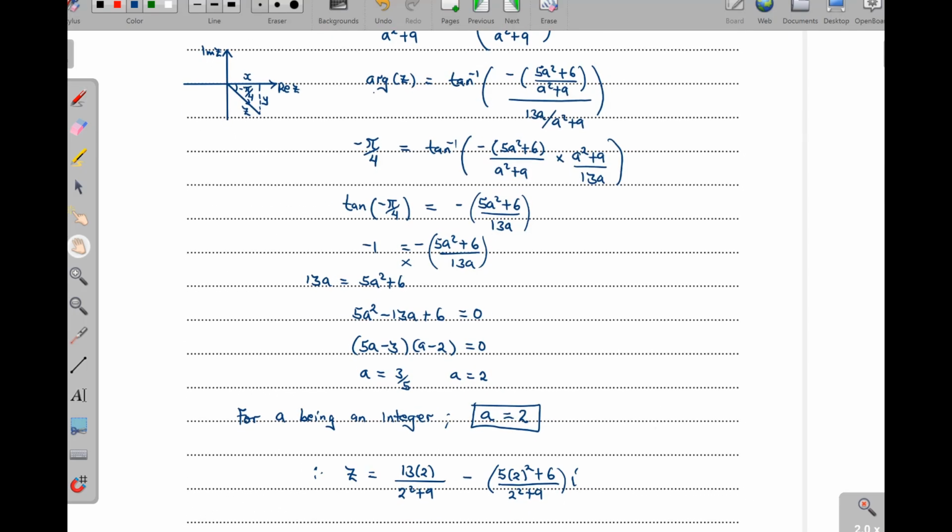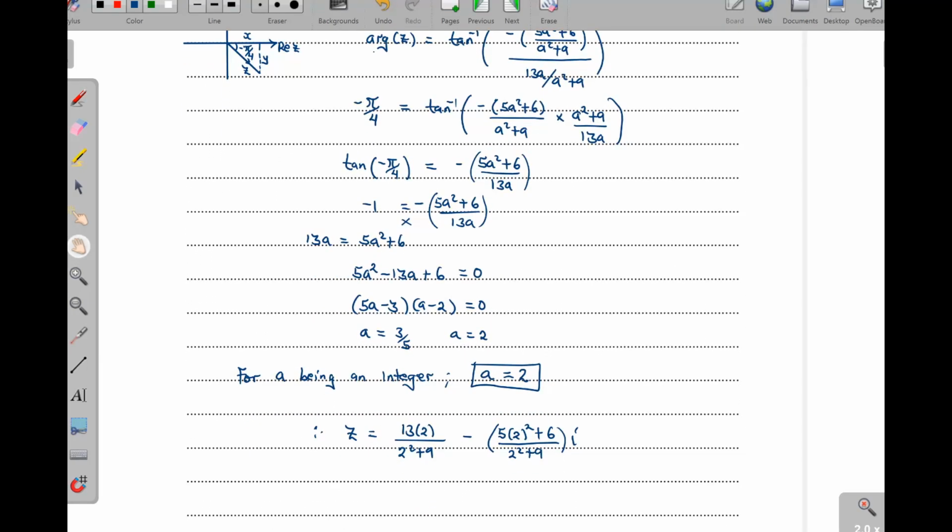So simplified, this one is 26, this is 13. So if there's a 13, that 13 will cancel with that, then we get a 2. Then, of course, this one is going to be 4 times 5, that is 20, and that will be 26, then divide by 13, that one is also 2. So we have minus 2i, and that is that.